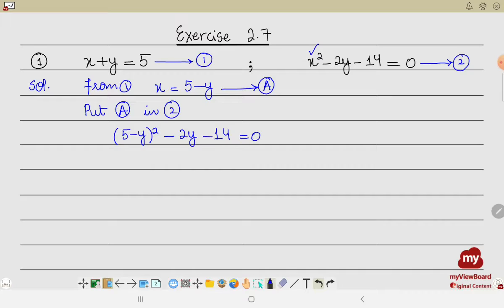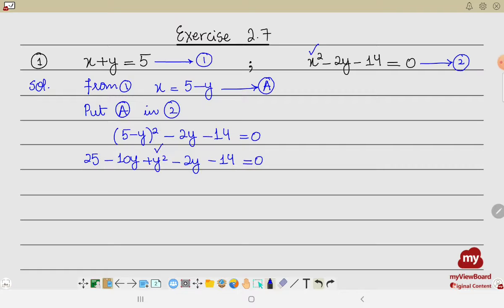Now we are going to solve this equation. As the whole equation is in y, we'll solve it for the values of y. First of all, we open up the square. (5 minus y) whole square, by the second algebraic identity, becomes 25 minus 10y plus y square, and the remaining terms we write as they are. Now we'll solve the like terms.